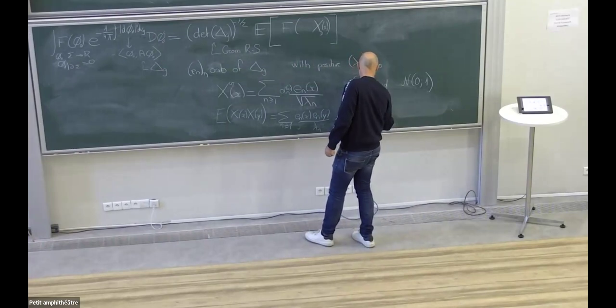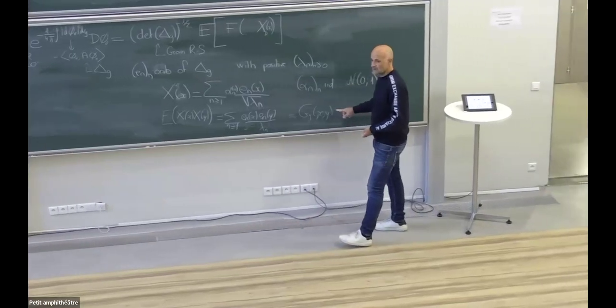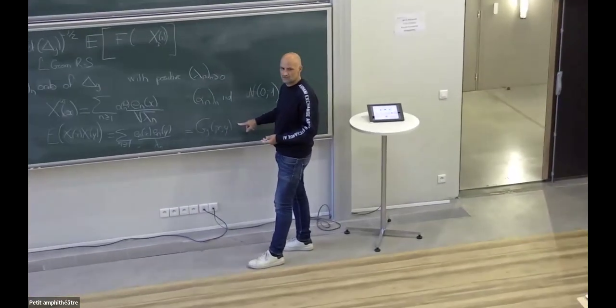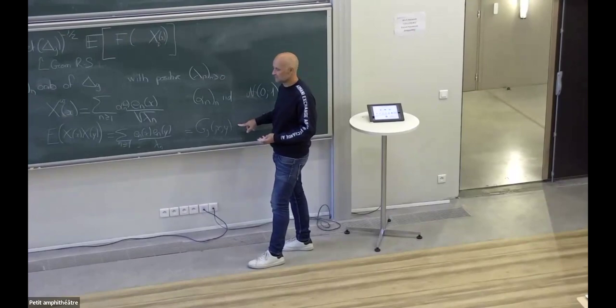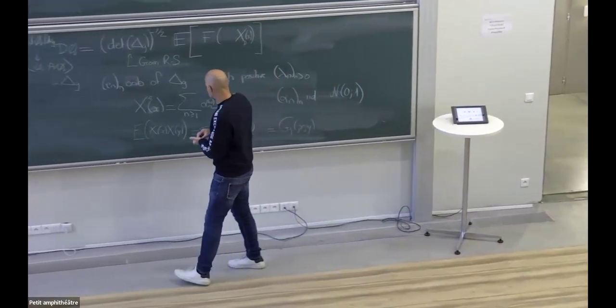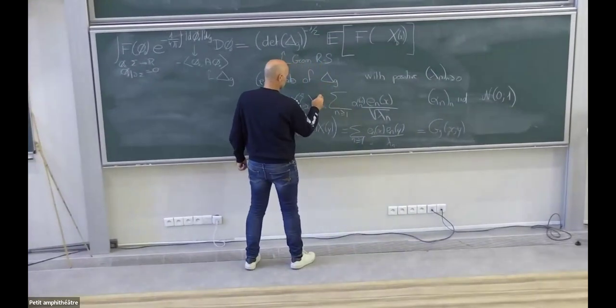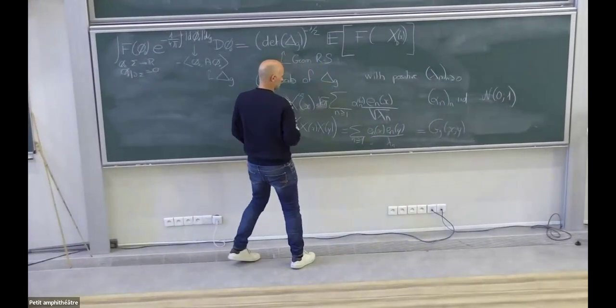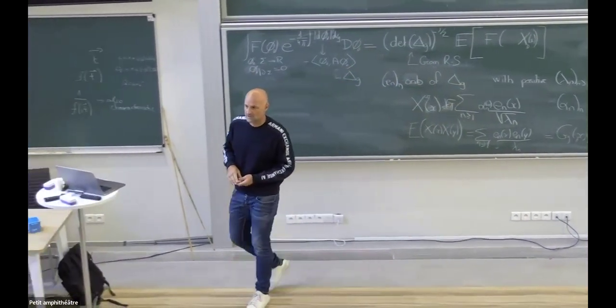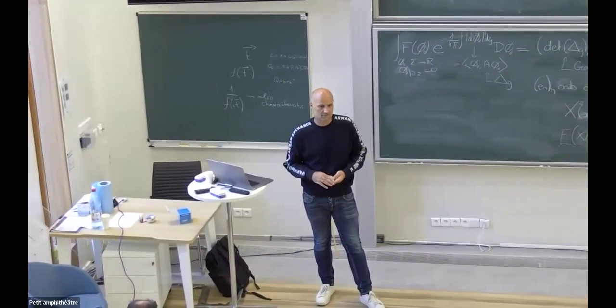And you know how the Green function behaves: G(x, y) is more or less 1 over 2 pi times the log, locally. And I like to get rid of the 1 over 2 pi, so there is a normalization. It's just to normalize the logarithmic correlation of your Green function.